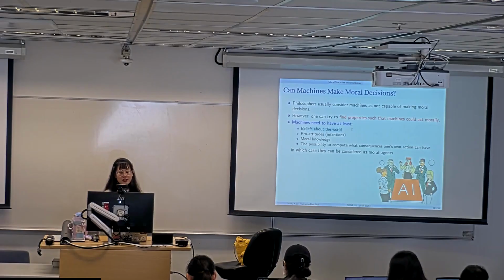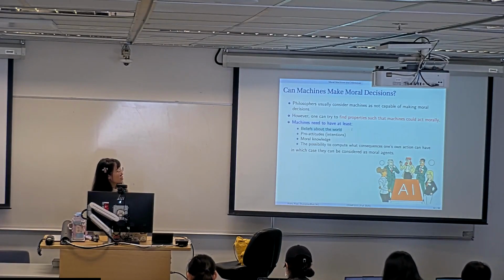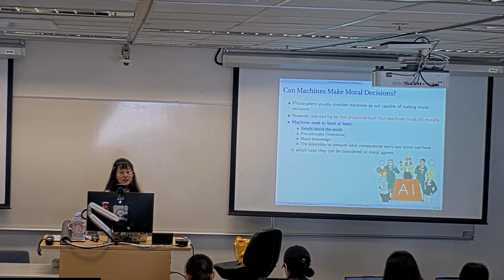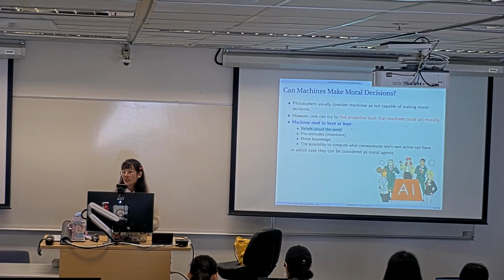The beliefs about the world are basically knowledge representation, right? We can try to store the data as beliefs about the world, like common sense knowledge, and then we need to think about a way to represent this common sense knowledge so that the machine can understand such knowledge.